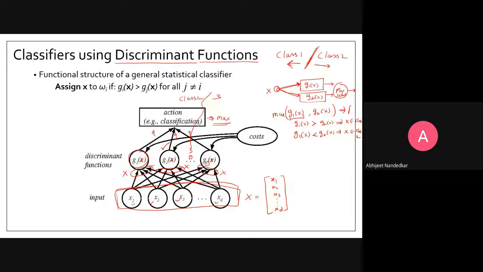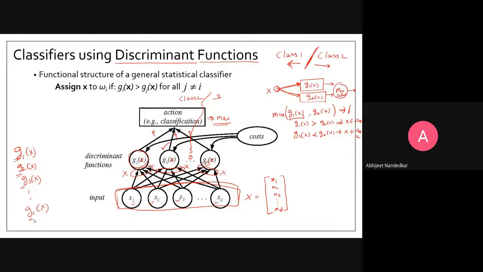Okay, so this is the key concept. Now the question is, what is my g1x, what is my g2x, what should be g3x, and so on up to gcx. I don't know these yet. The concept is clear: I will design a function which has the highest output if the input belongs to that particular class.